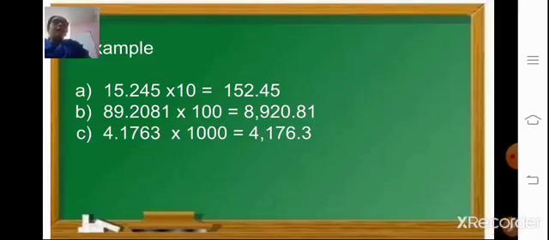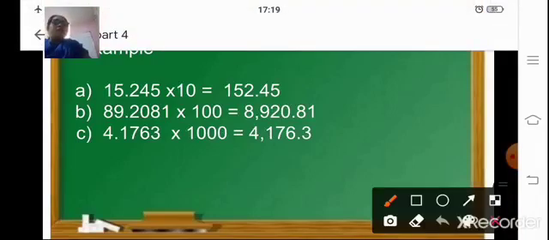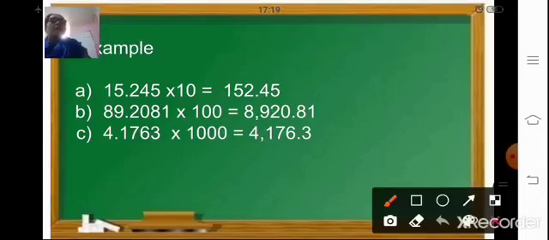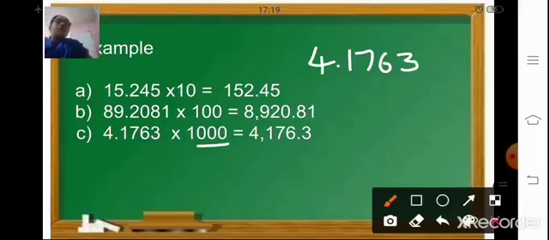In the same way, third example, 4.1763 multiplied by 1000. 1000 has got three zeros. So the point will move three places, that is 1, 2, 3. So your decimal point will be after 6.